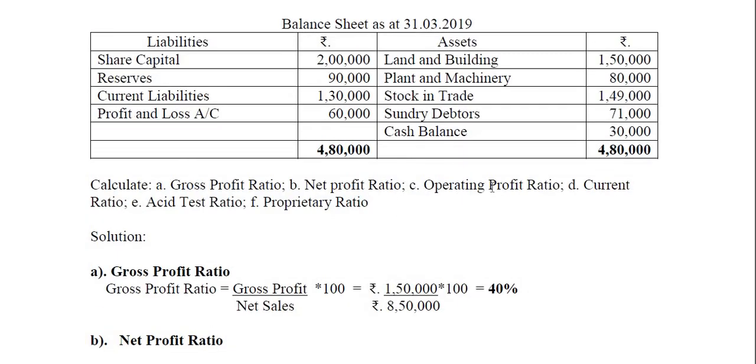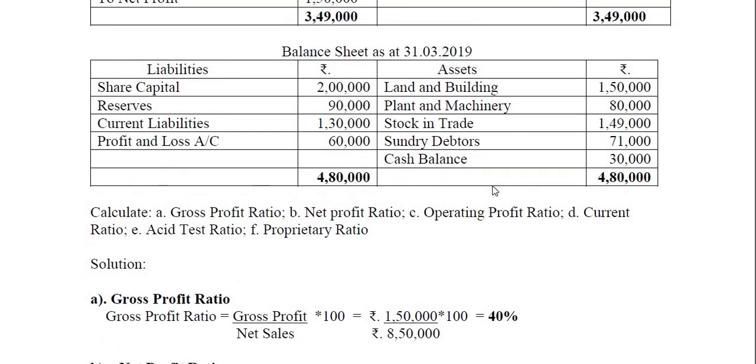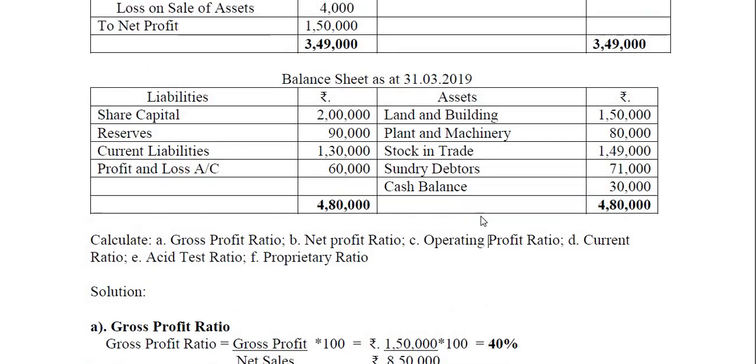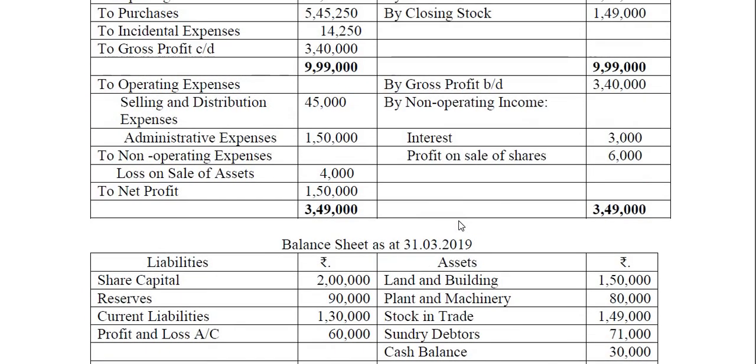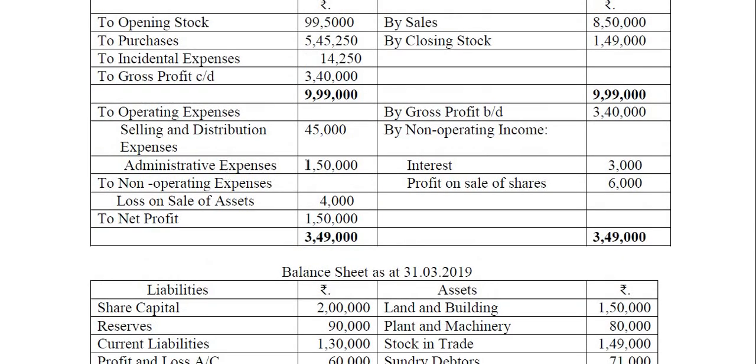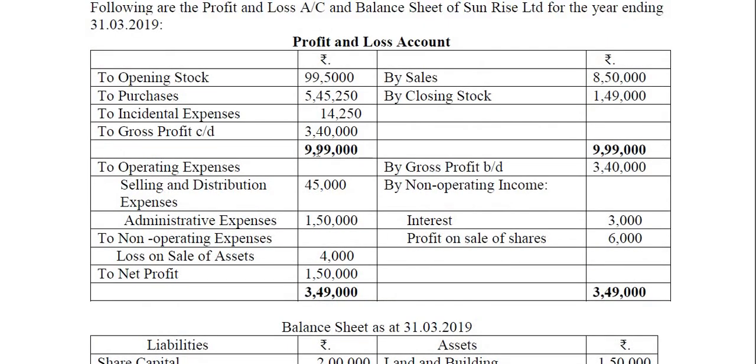Operating profit ratio is equal to operating profit divided by net sales into 100. Okay, what is operating profit? You have got all this information.